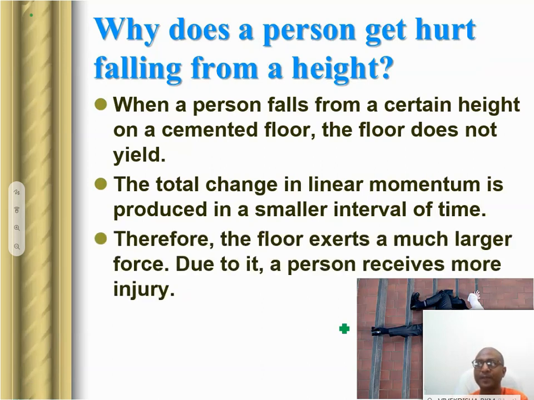If it is so, then the floor will certainly exert a much larger force, and due to that, the person receives more injury. But if the floor is not this hard, can we expect something different? Yes, we can expect something different. I would also go for that.